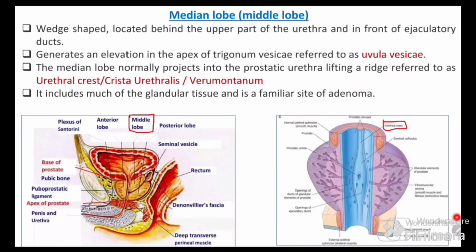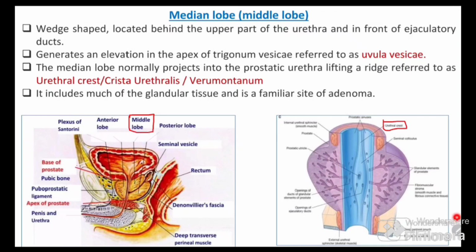Now very important is the median lobe. Where can you see the median lobe? Here in this diagram you can see the posterior surface. We have the seminal vesicle, and here we have the ejaculatory duct. The part of the lobe that lies above and in front of the ejaculatory duct constitutes the median lobe.